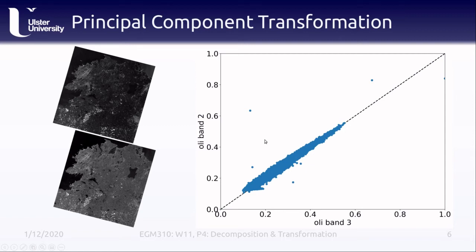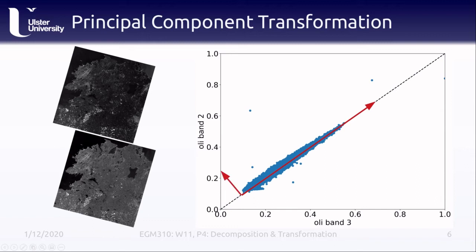The principal component transformation looks to take advantage of this fact. We start by essentially finding the line that best fits the data. Again, we're basically boiling down the most important information in the image, which we call the first principal component. After that, we can calculate the second principal component perpendicular to this line.